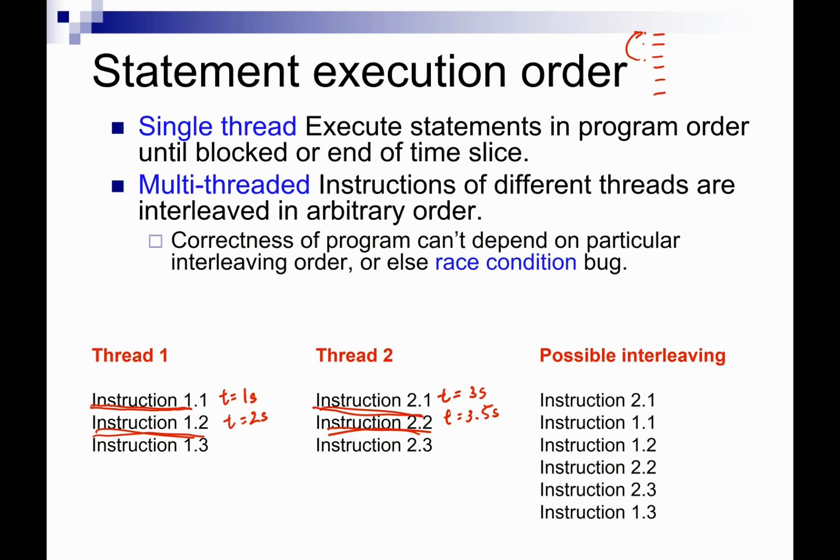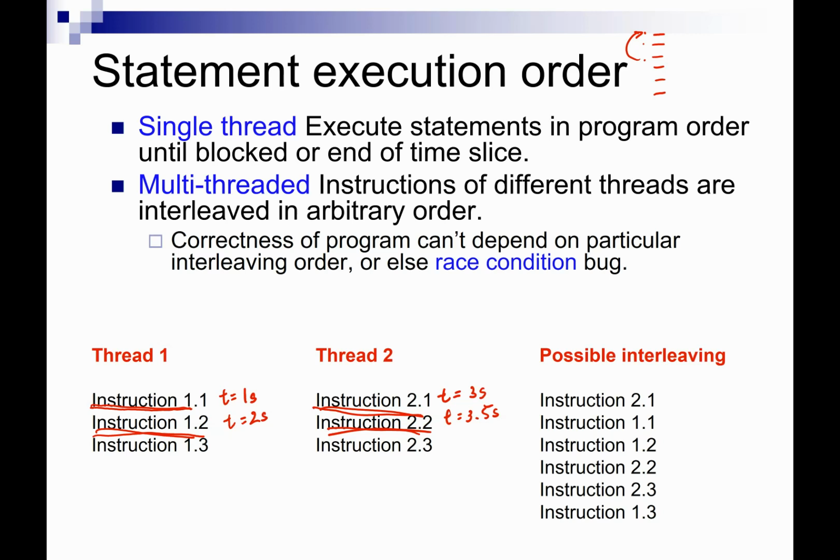If there is such a situation, then we say that there's a race condition for this program, because the correctness of the program depends on the interleaving that occurs. And since we, as the programmer or user, usually have no control over what interleavings are actually going to occur, then if the program misbehaves under some interleavings, that program is incorrect.